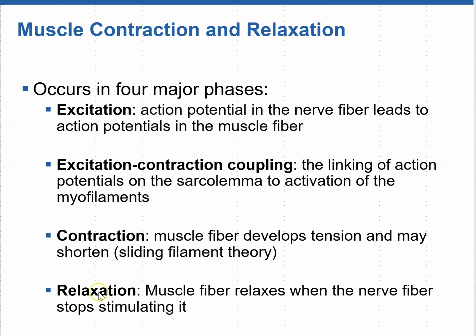Now, the last stage of muscle contraction and relaxation is obviously relaxation. Once a muscle contracts, it must relax and go back to its normal form. So when stimulation ends, a muscle fiber relaxes and returns to its resting strength.